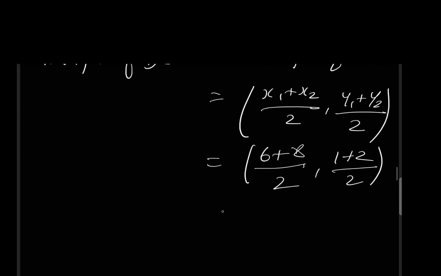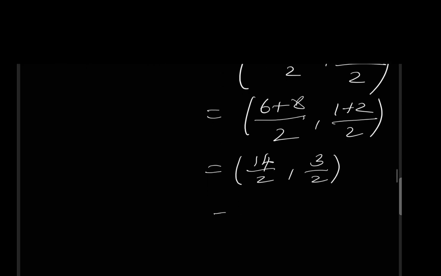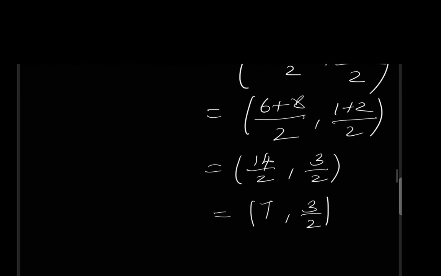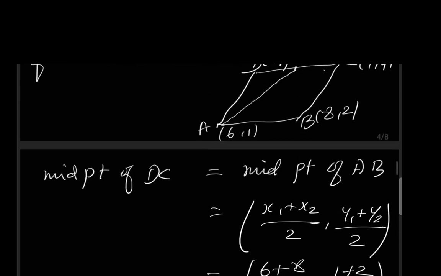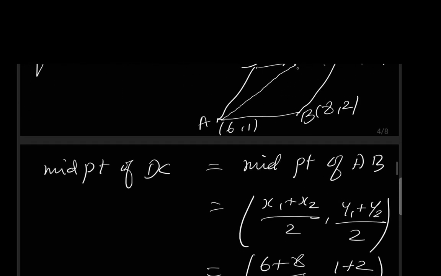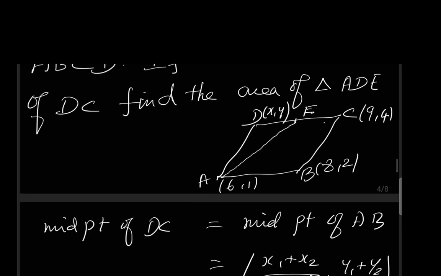So 6 plus 8 is 14 by 2, then 3 by 2. This is 7 and 3 by 2. So this is the midpoint of AB, which is the midpoint of DC, that is same as our E coordinate. See, this is our E coordinate. Now we got the midpoint of CD also.